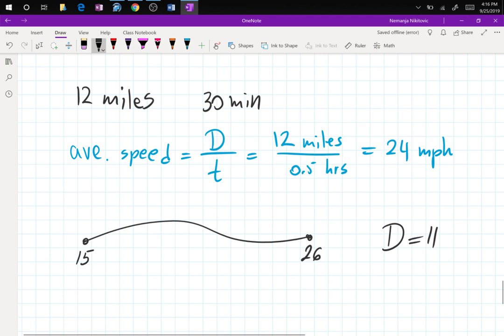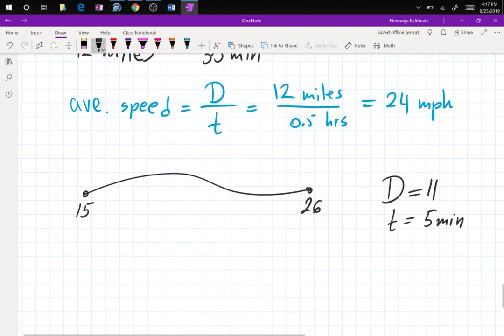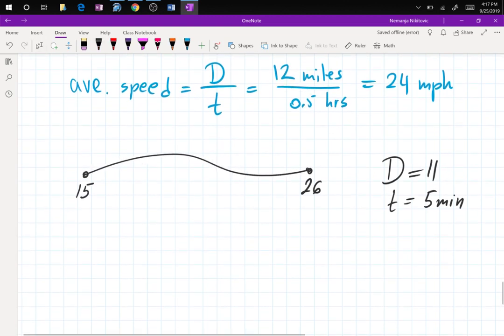So let's just say, for some reason, that the time it's going to take you to go 11 miles is 5 minutes. Let's go with 9 minutes.